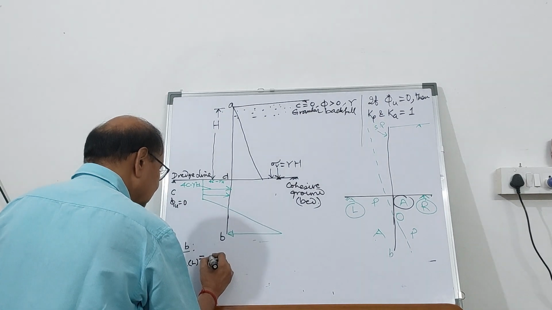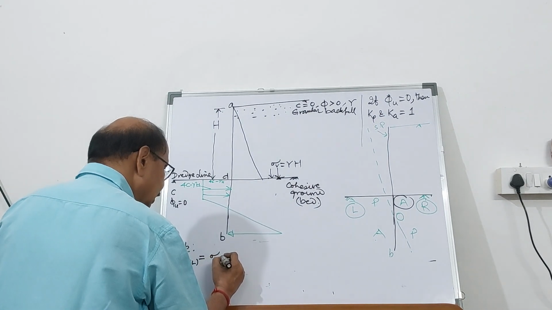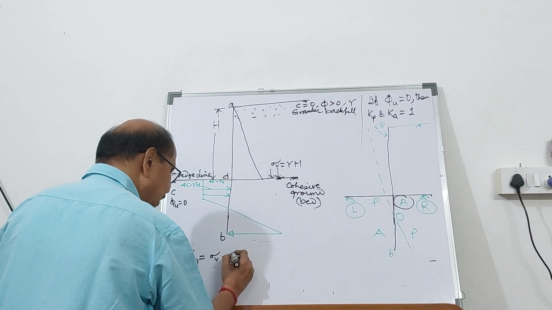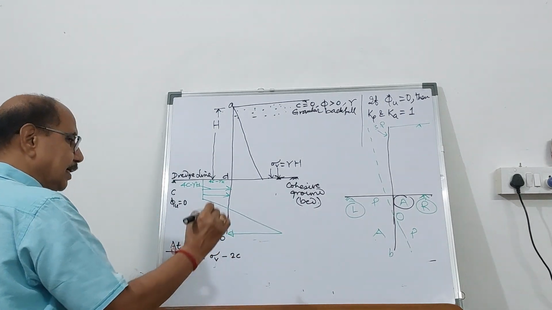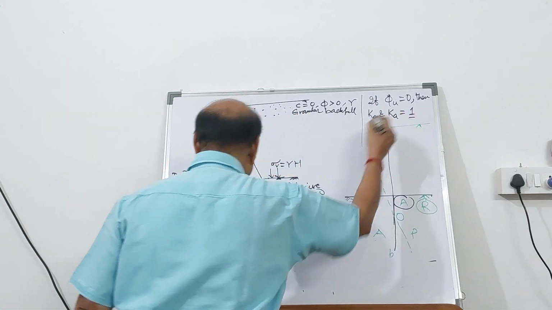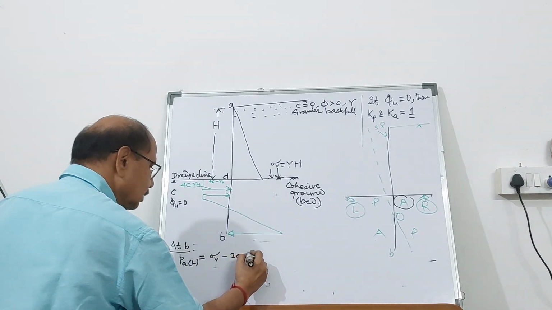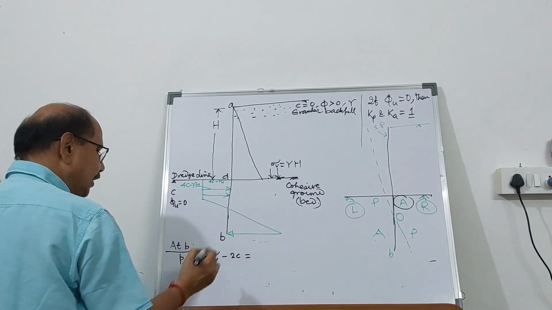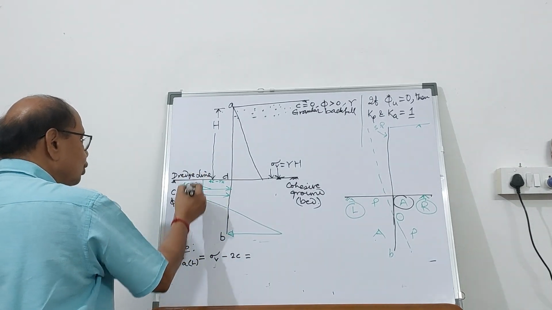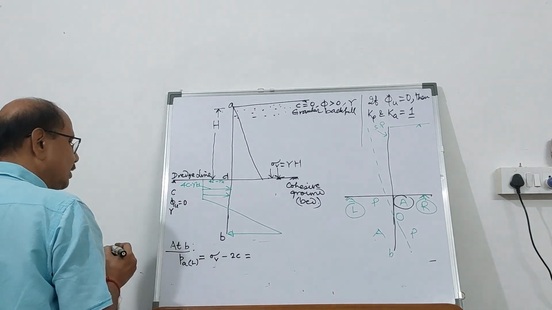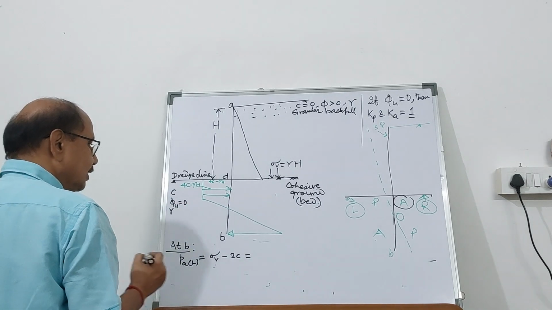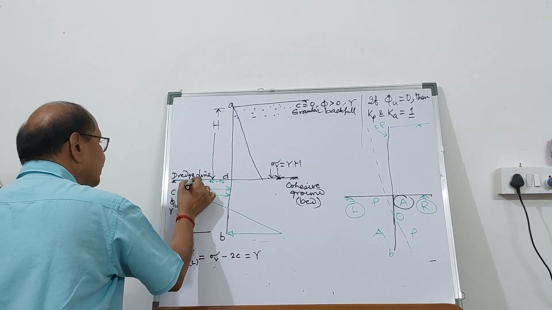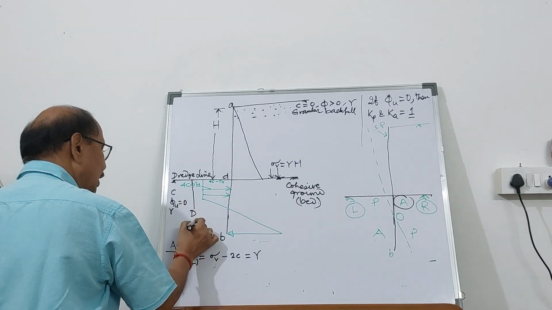You know it. Sigma V into K. K is 1. So sigma V minus 2C under root K. K is 1. Therefore, this becomes the equation. Now, what is the vertical pressure at this point, at B? What is the unit weight? Unit weight is gamma. And what is the distance from the dredge line up to the bottommost point?